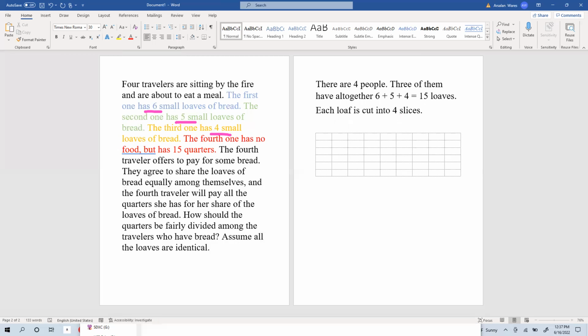So can I say I have 4 times 15 equal to 60 slices? Is that acceptable? Yes. Good. And now it's very easy because 60 is divisible by 4, so each gets 15. Things are much better. Each gets 15 slices.